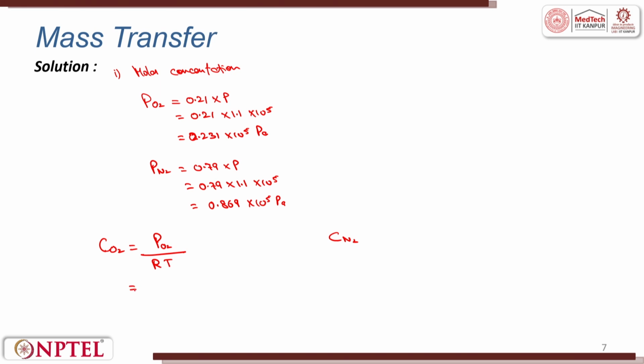Value of R I will put here, and temperature I will also put. So this is the calculated value, 0.231 into 10 raised to power 5 by R into T.